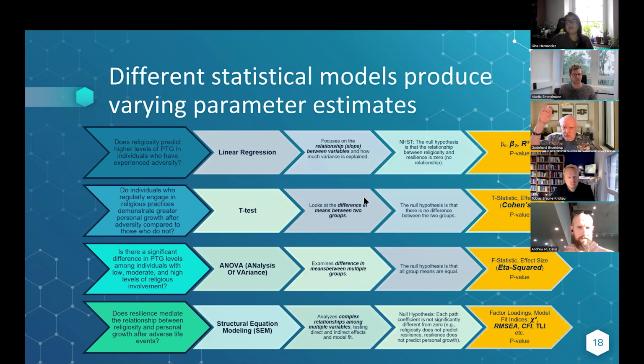And I have for you here these statistical models that I already discussed with you, like a linear regression. If I want to predict the relationship of one variable in another one, a linear regression will give me some parameter estimates.